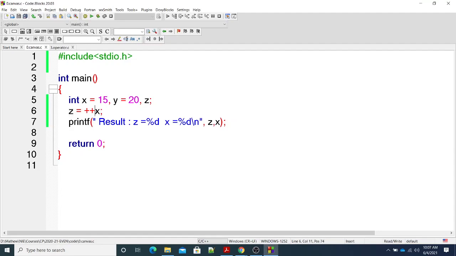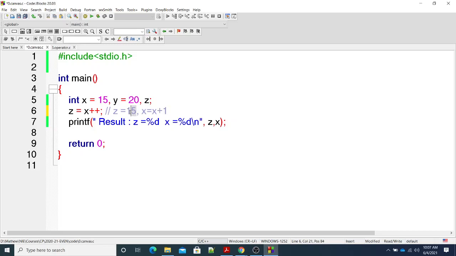Now, if I apply post-increment instead of this, what will be the output? First, x will be assigned to z. That means the existing value of x is used in the expression, and after that the value of x is incremented. So the existing value is 15. So this is translated as z equal to 15 followed by x equal to x plus 1.